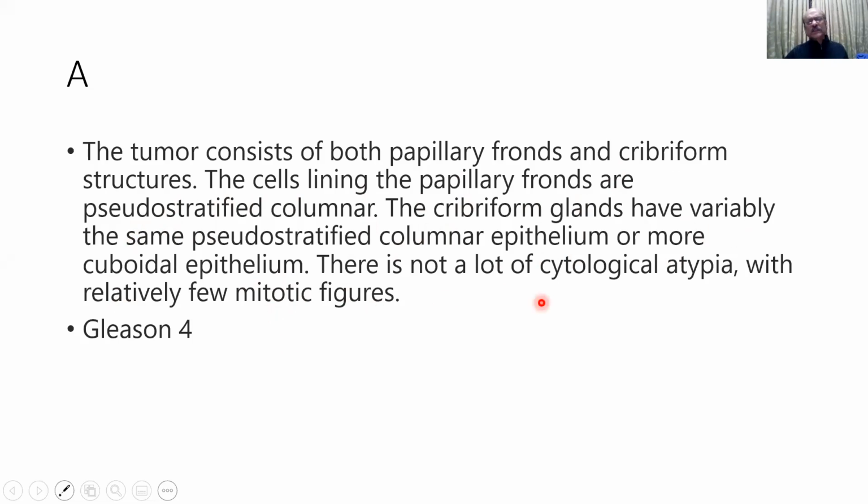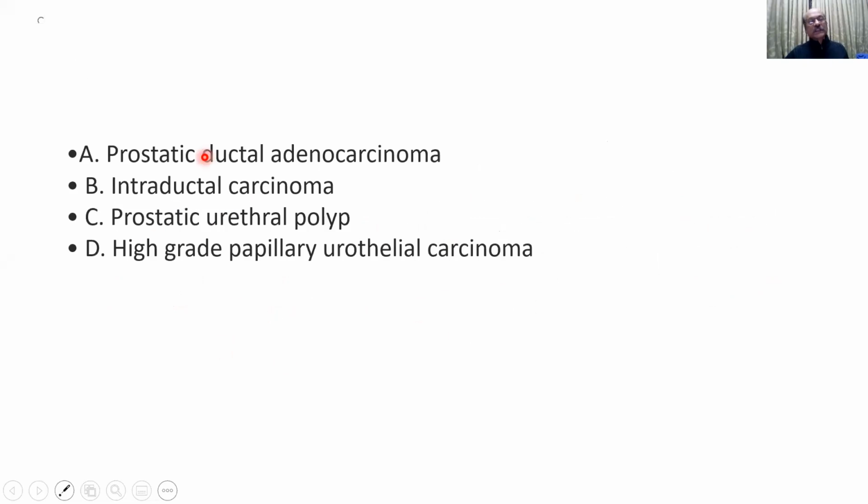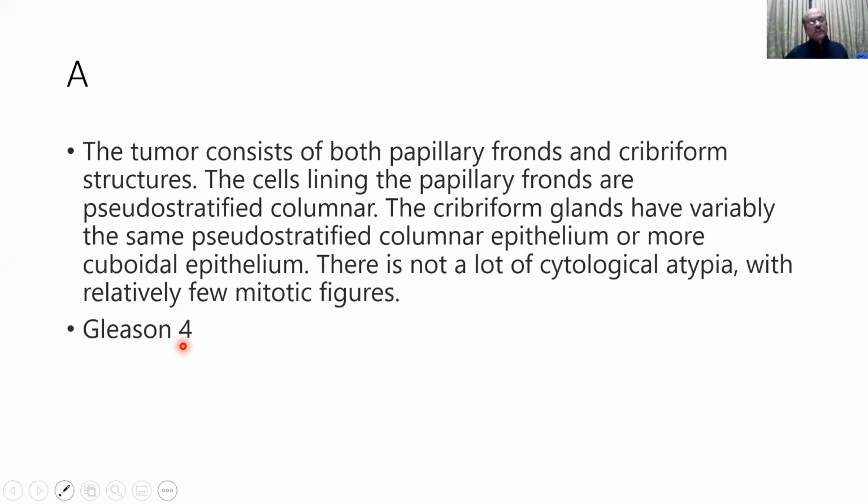And there is not a lot of cytological atypia, with relatively few mitotic figures. And this is prostatic ductal adenocarcinoma. Prostatic ductal adenocarcinoma is Gleason grade 4, and if there is associated necrosis, then it is grade 5.